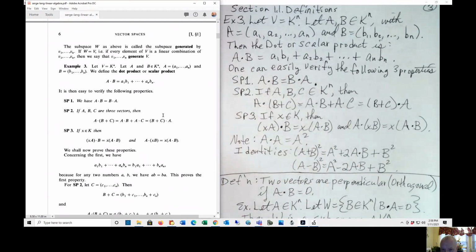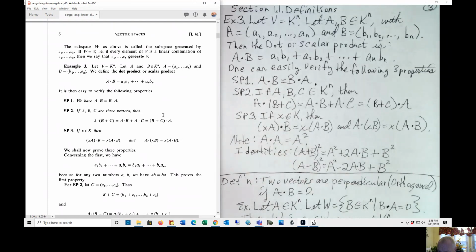You probably know this definition. The dot product or the scalar product of A and B is the sum of the products of their corresponding coordinates or corresponding components: A1b1 plus A2b2 plus dot dot dot plus A sub n b sub n.